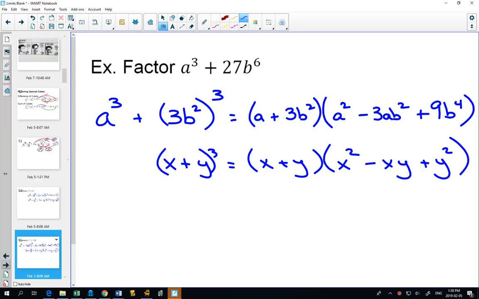Just plugging things in. This time, what's my x? It's a, so I get a. What's my y? It's 3b squared, so I get plus 3b squared. x squared would be a squared. y squared would be 3b squared times 3b squared, 9b to the 4. And then here they get multiplied together with a negative sign, and we write negative 3ab squared.